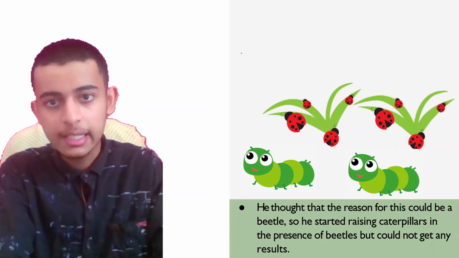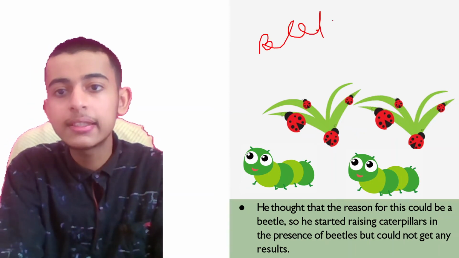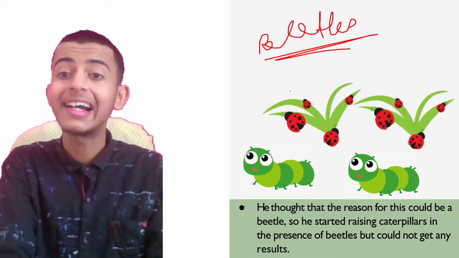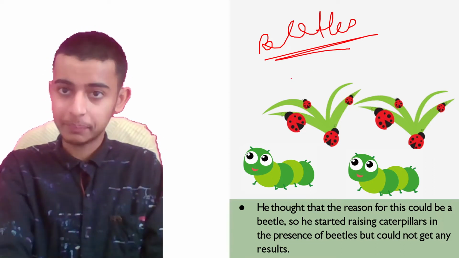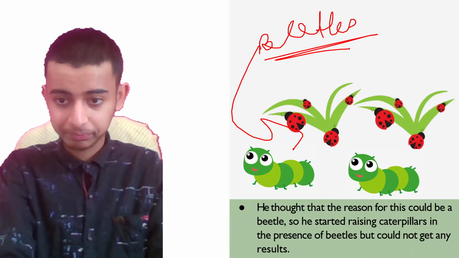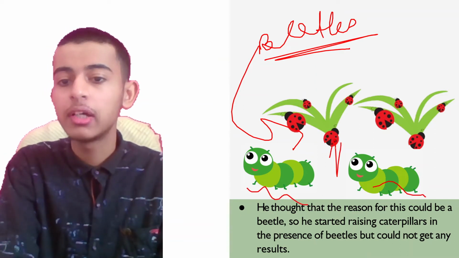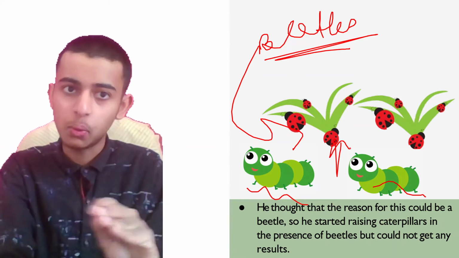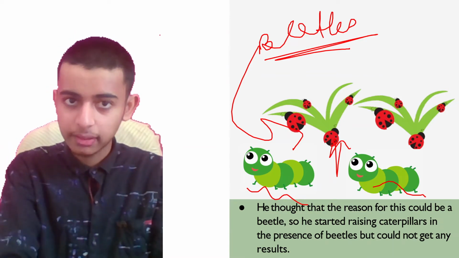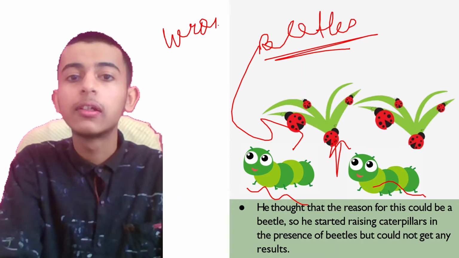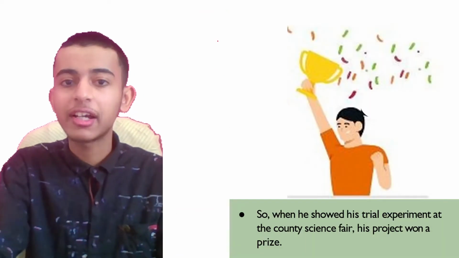So what happened, guys? He thought that because of beetles, monarch caterpillars are dying. To prove this, he carried out an experiment. He raised a few caterpillars in the presence of the beetles but found no result. It means this fact was wrong.